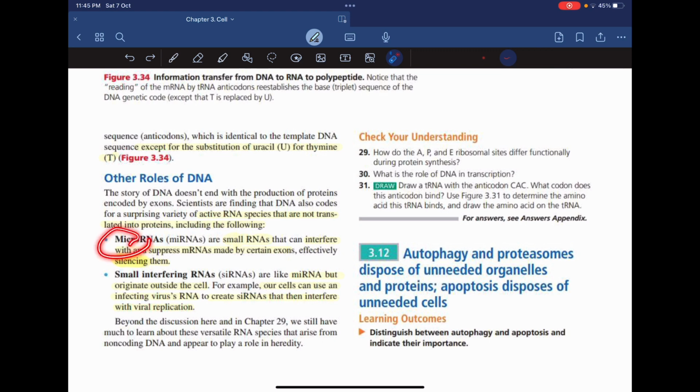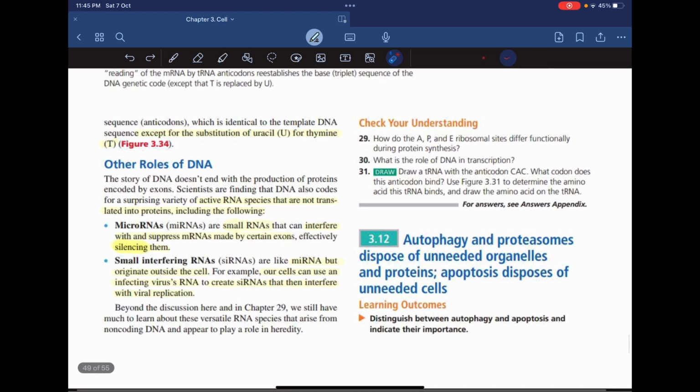MicroRNAs, from the name, micro, are small RNAs that interfere with and suppress mRNAs made by certain exons. What does it do? It silences them. So the keyword is silencing them. What does it do to them? MicroRNAs silence them. If you get a question and you see silencing them, it's microRNAs directly.